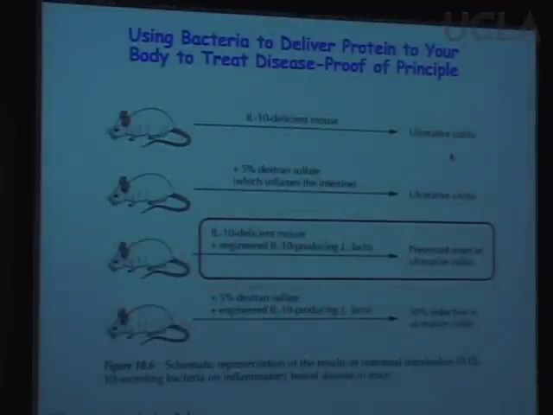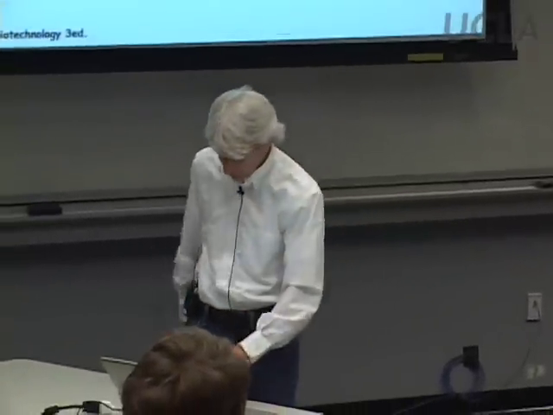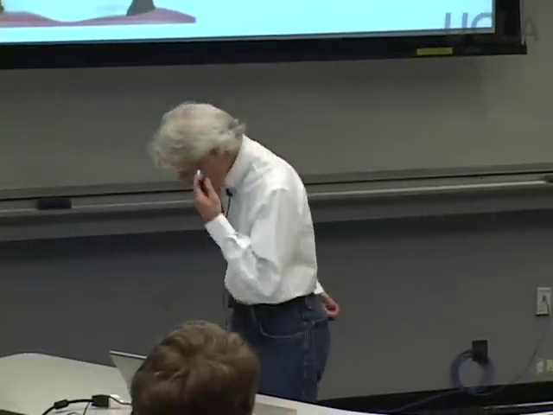Now, if you treat this mouse with this intestinal bacteria that has been engineered with IL-10, the mouse doesn't get this disease, because this IL-10, which is needed very much to counteract that disease, is now given by the normal intestinal bacteria. So this could be a very powerful tool for engineering garden variety intestinal bacteria in humans for delivering things that are needed by us in order to overcome certain diseases.